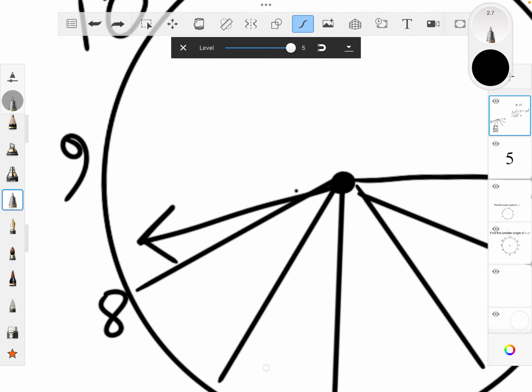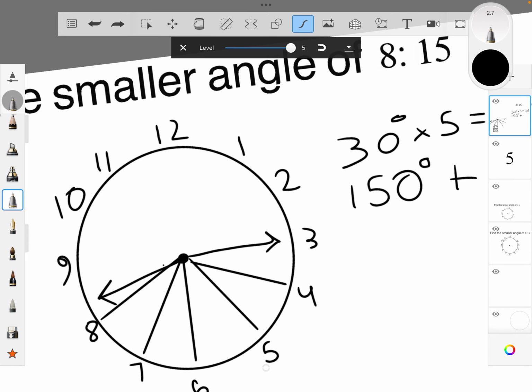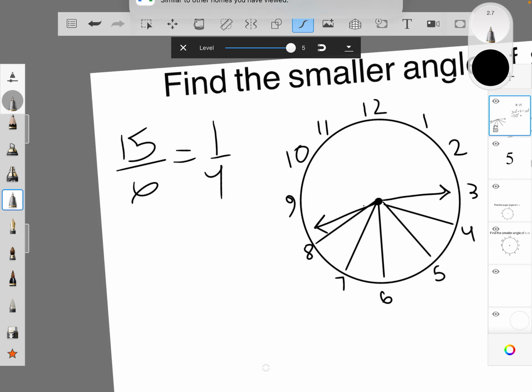To find that, we need to find where the hour hand is based on where the minute hand is. So 15 is 1/4 of the circle. The way I figured that out is I did 15 divided by 60, which equals 1/4.